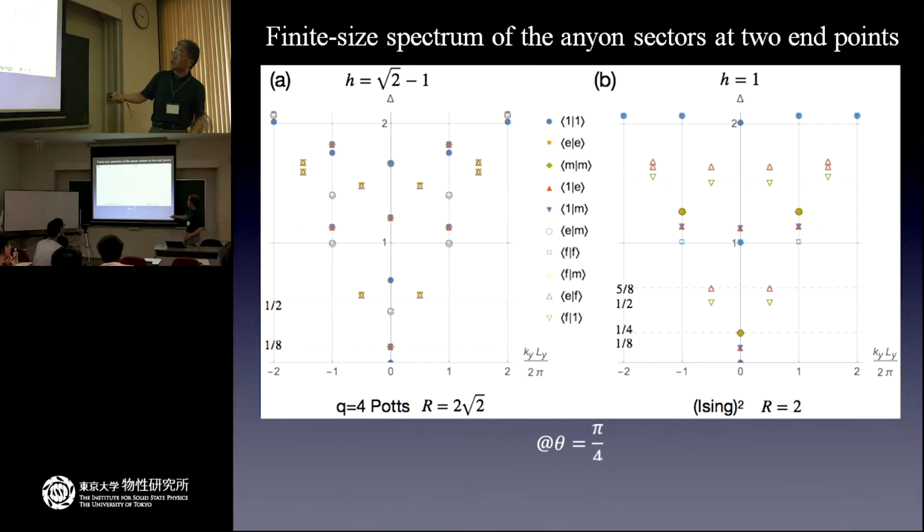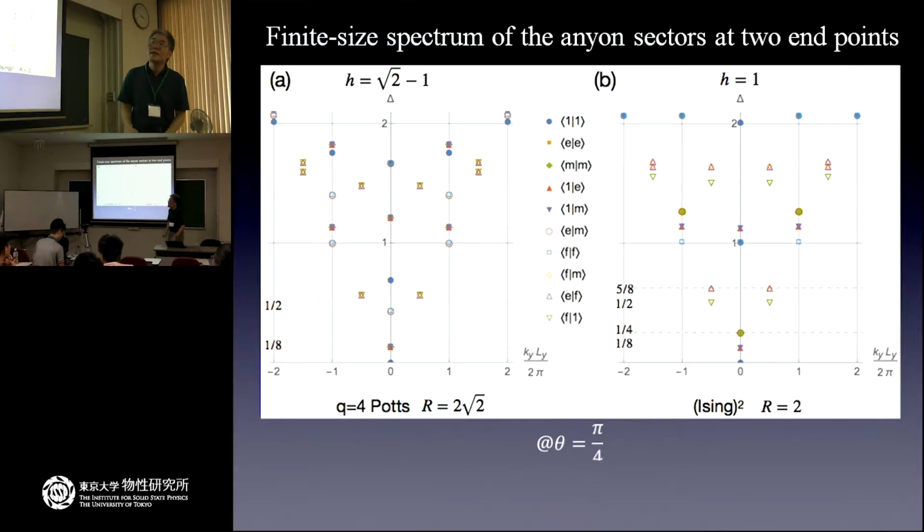One is the four-state Potts model point, and we get this finite size spectrum for the four-state Potts model, and another ending point is the two decoupled Ising models. We also get this CFT finite size spectrum.